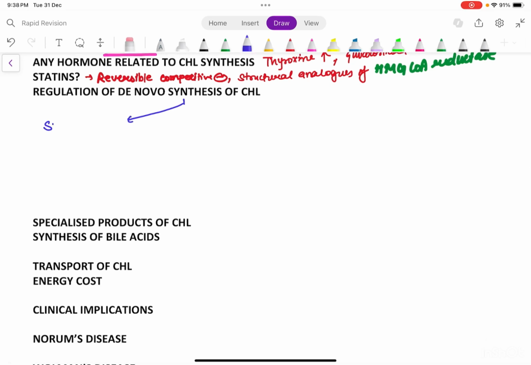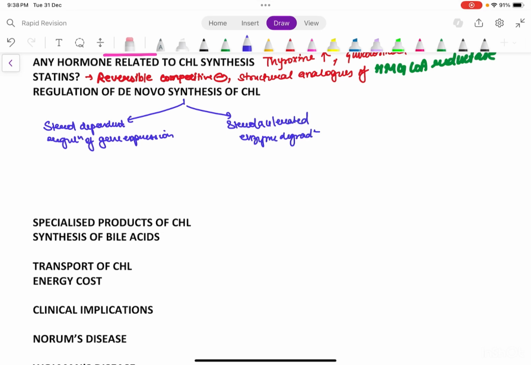So first is sterol dependent regulation of gene expression. Then we have sterol accelerated enzyme degradation. Then we have sterol independent covalent modification.